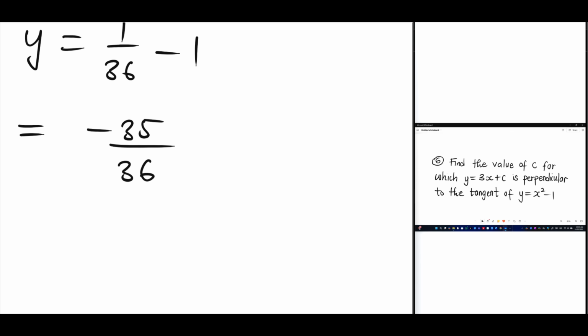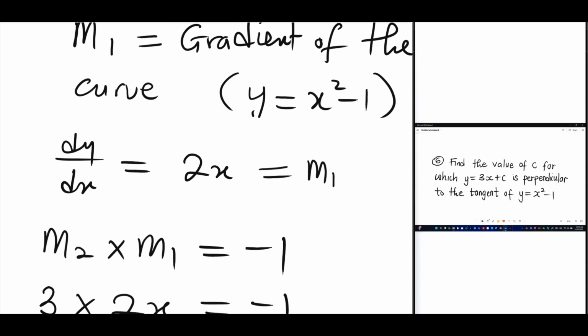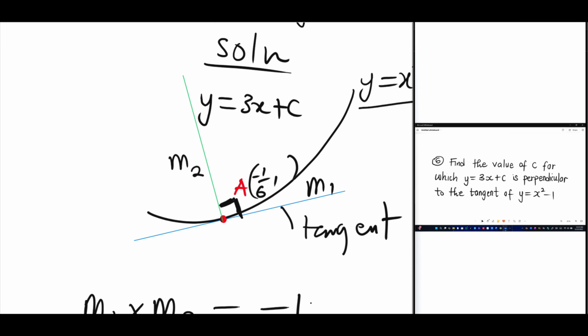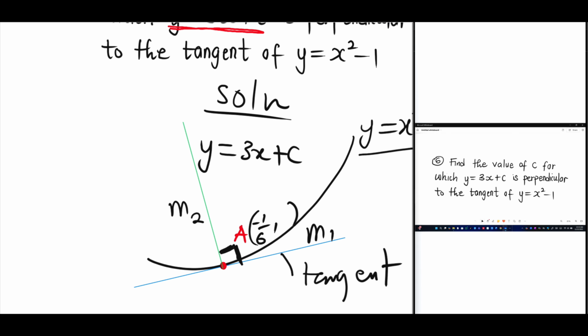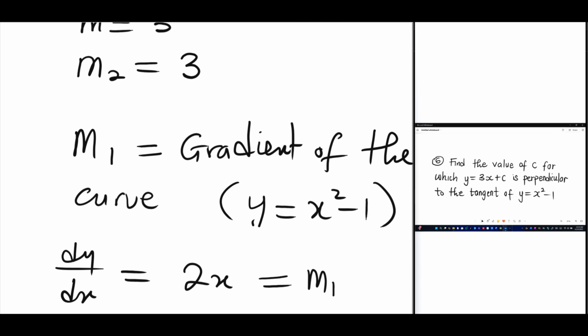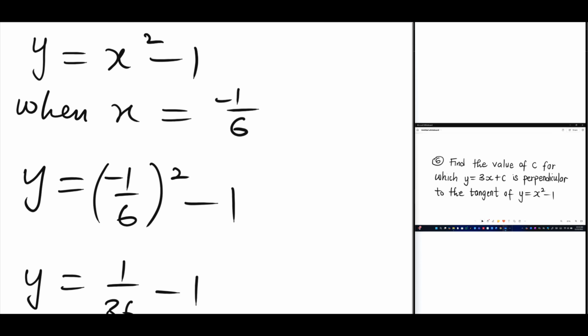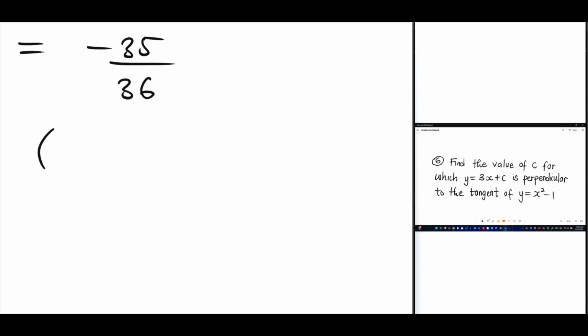So the y component of the point where the tangent touches the curve is negative 35 divided by 36. So point A is negative 1 divided by 6, negative 35 divided by 36.